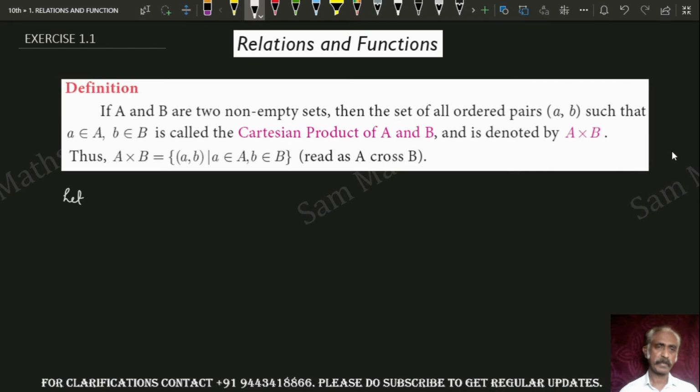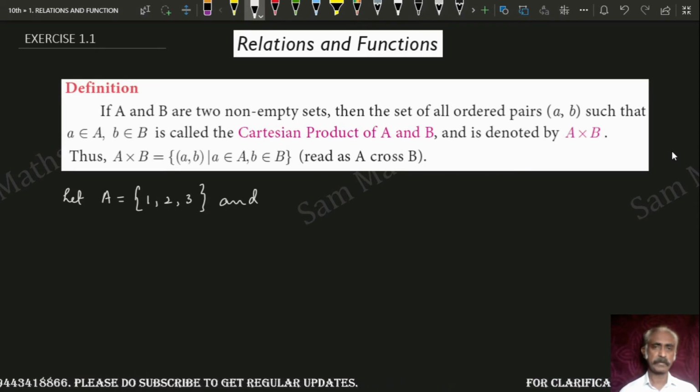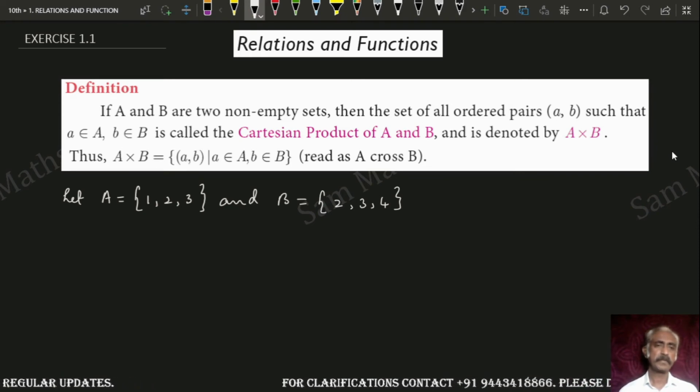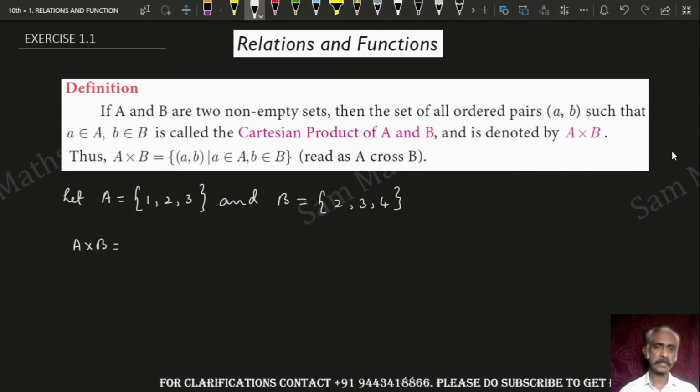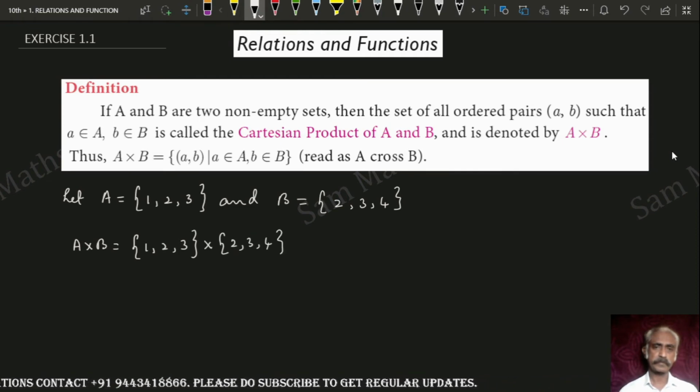Let A is equal to {1, 2, 3} and B is equal to {2, 3, 4}. Okay, children. Now, A cross B, which is equal to {1, 2, 3} cross {2, 3, 4}.